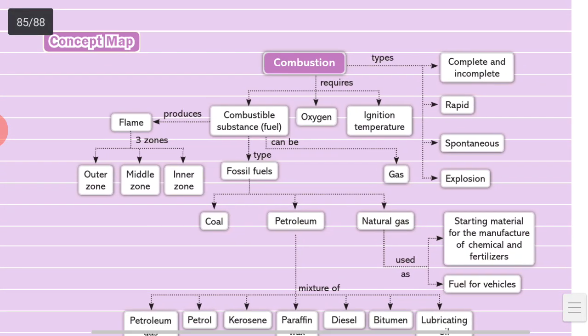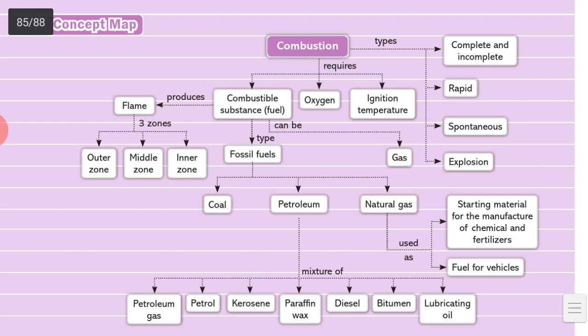Now see the concept mapping, a kind of revision of this chapter. We start with combustion. Its types we studied: complete combustion, incomplete, rapid, spontaneous, and explosion. Requirements were a combustible substance as a fuel, oxygen, and ignition temperature, and it will produce a flame with an outer zone, middle zone, and inner zone, as we studied in the candle flame. Then in types, we studied coal, petroleum, and natural gas; fuel can be solid, liquid, and gas.